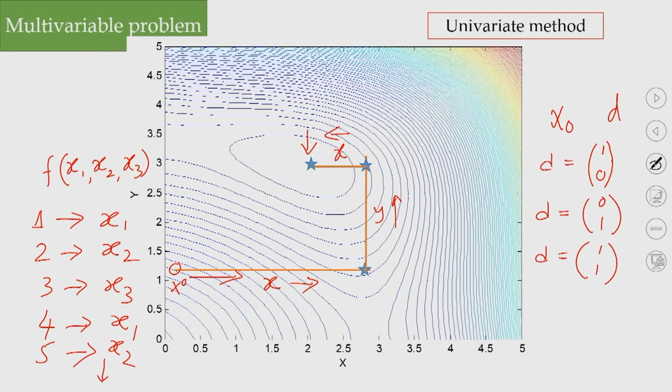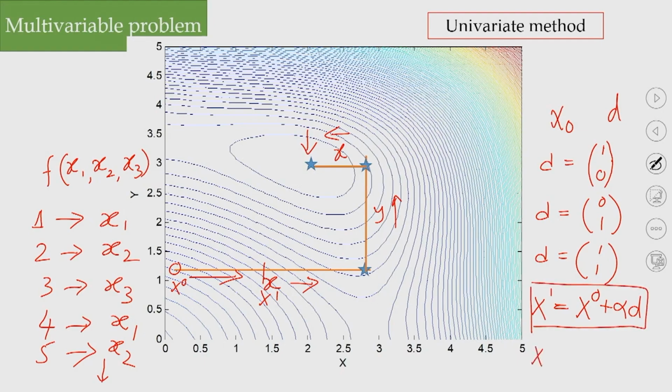Suppose I would like to find a particular point here. Suppose this is my x naught and this is a particular point, which I can call x1. Now, what is x1? I can write x1 equal to x naught plus alpha d.